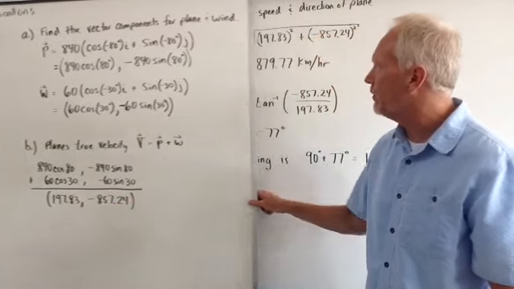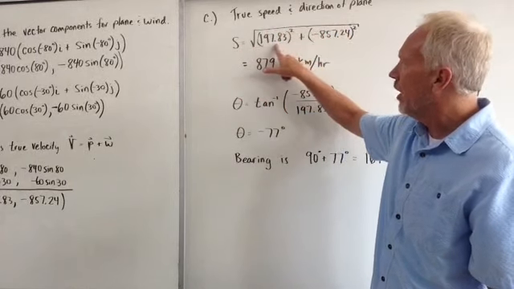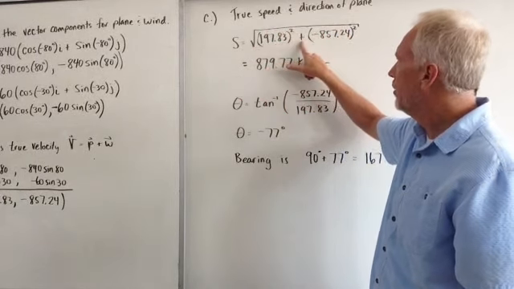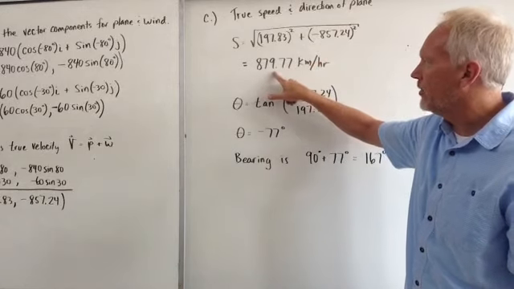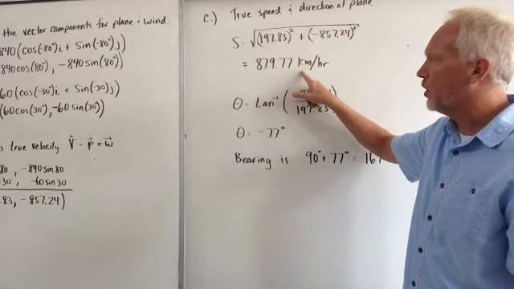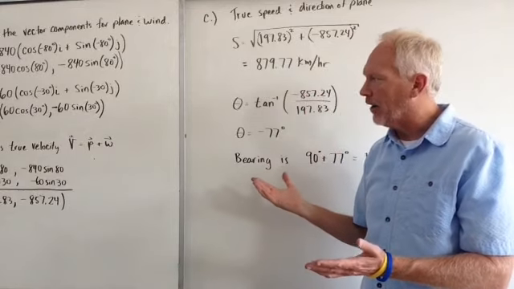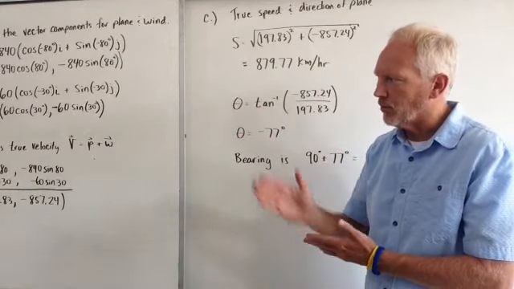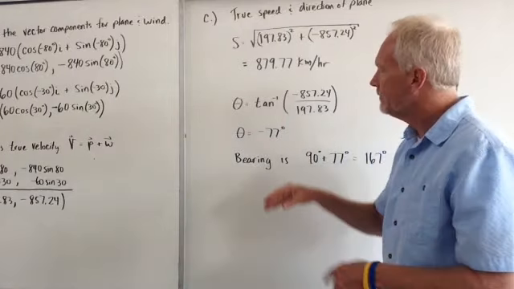So S for speed is the square root of the x direction squared plus the y direction squared. And when you do that, you get 879.77 kilometers per hour, which is good because we expect it to be a little higher than the 840 that was originally said because they do have that 60 kilometer tailwind.